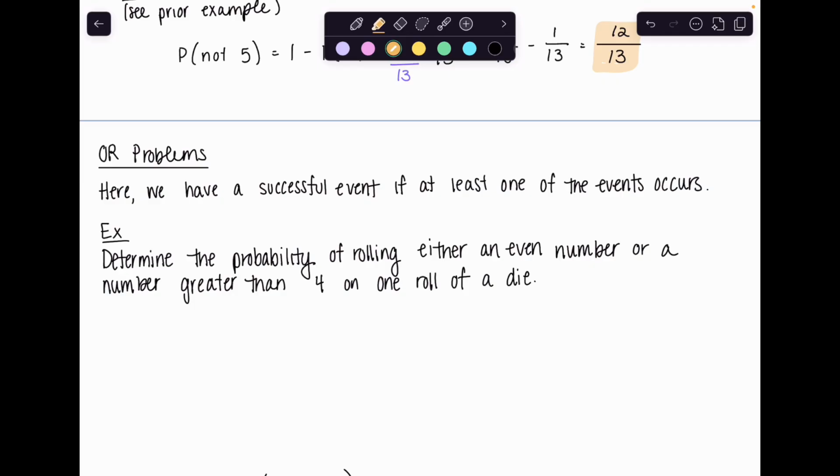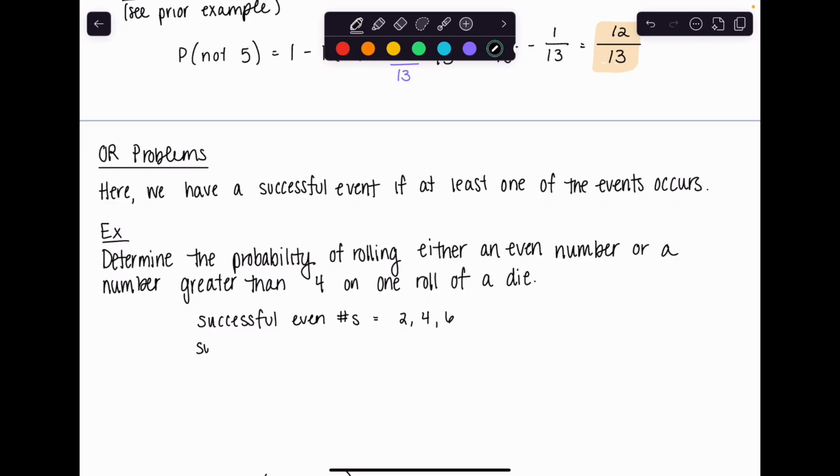So again, I've got two events here. We've got evens, and then we have numbers greater than 4. So if I think of my sample space, my successful even numbers are going to be 2, 4, or 6.